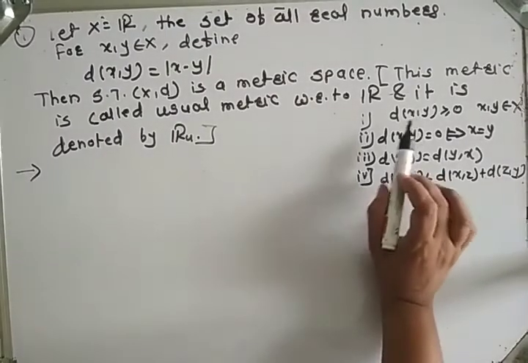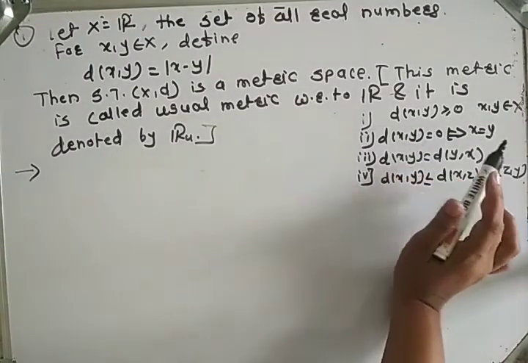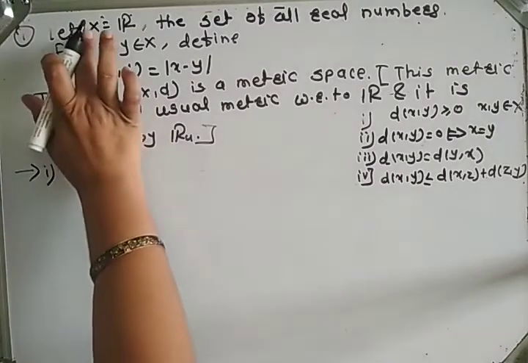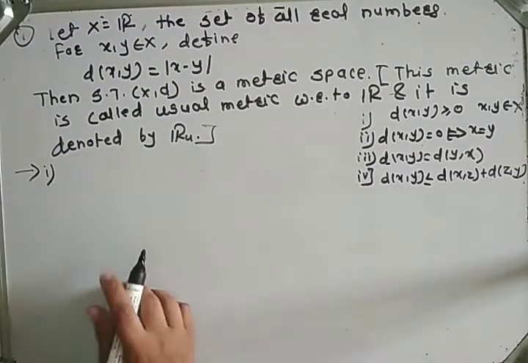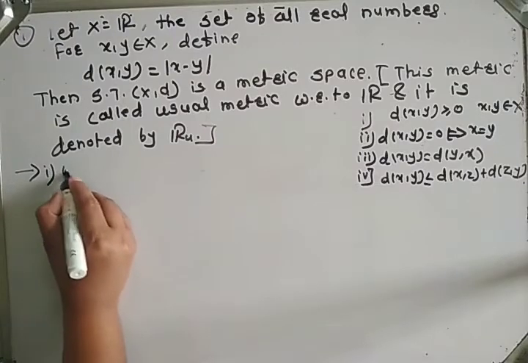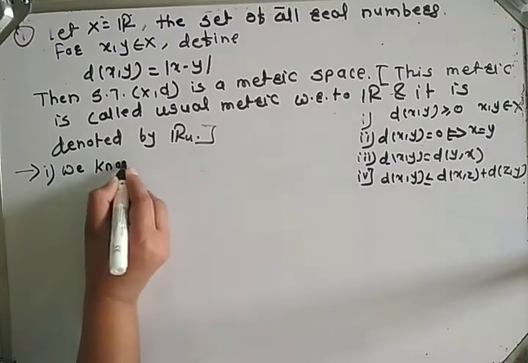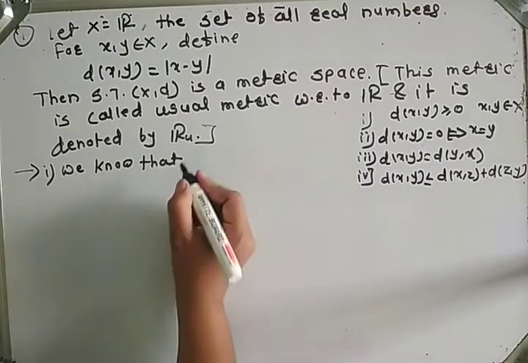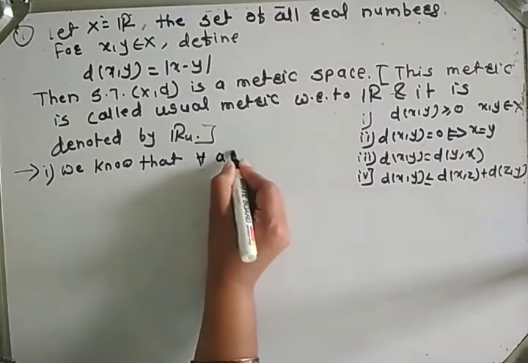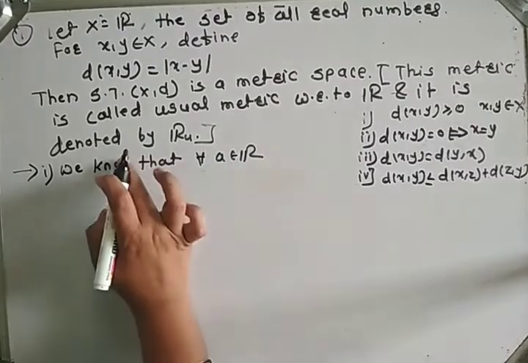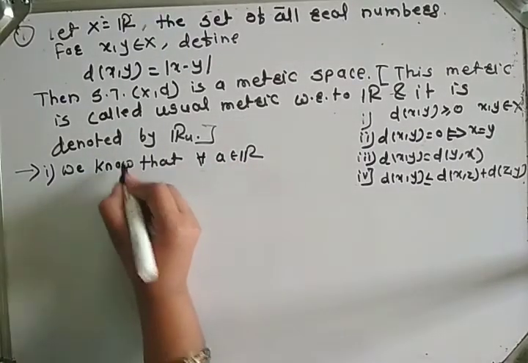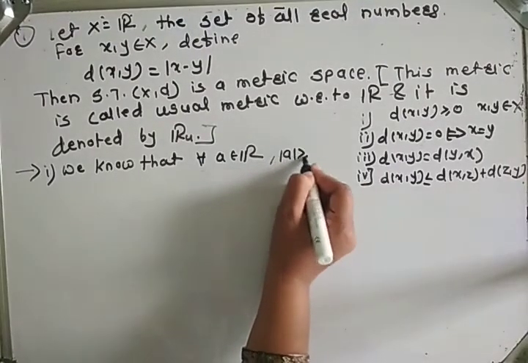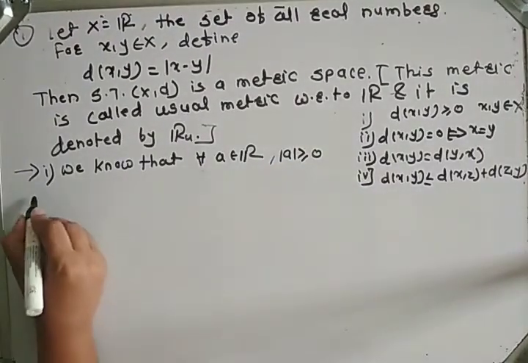What is the first property? d of x, y is greater than or equal to 0. Since here X is the set of all real numbers, we know that for all a belongs to R, mod a is always greater than or equal to 0.